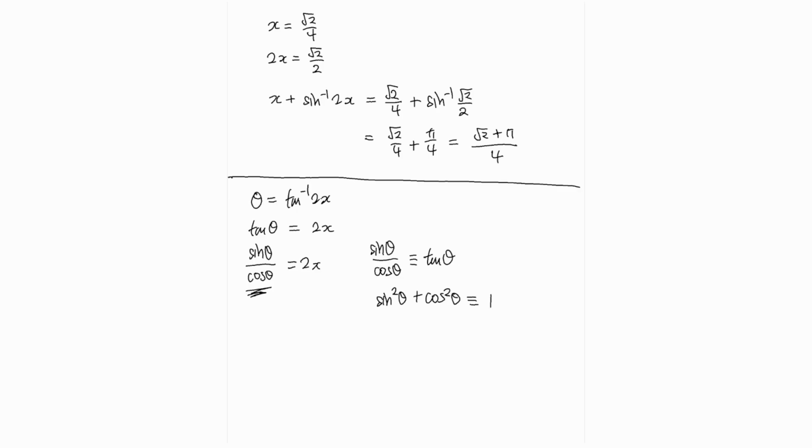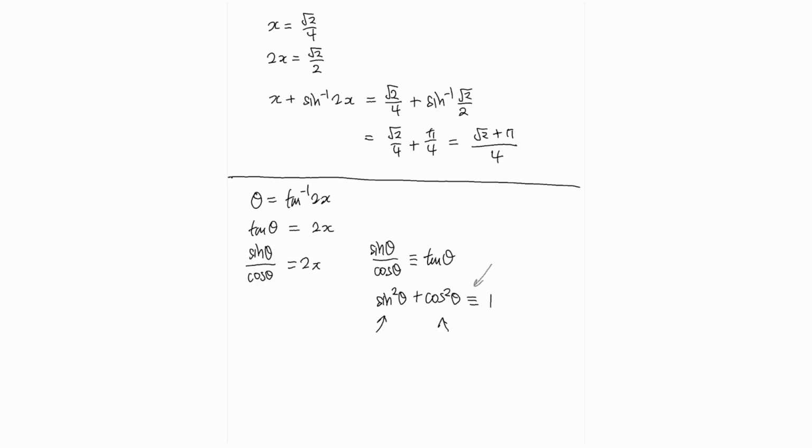Because cos theta is essentially cos of arctan of 2x, as we set theta as arctan of 2x. This means we can actually get a nice expression in terms of x for sine theta. Then we can plug in sine theta, represented in terms of x, and cos theta, which we know from the question is actually root 2 over root 3.